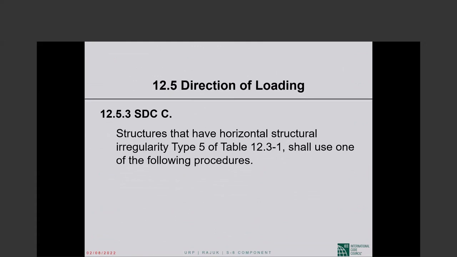Design category C, that is still fine unless you have a structure that has horizontal irregularity type 5, non-parallel seismic force resisting systems that we are discussing. If you have that, even in seismic design category C, you shall use one of the following procedures.